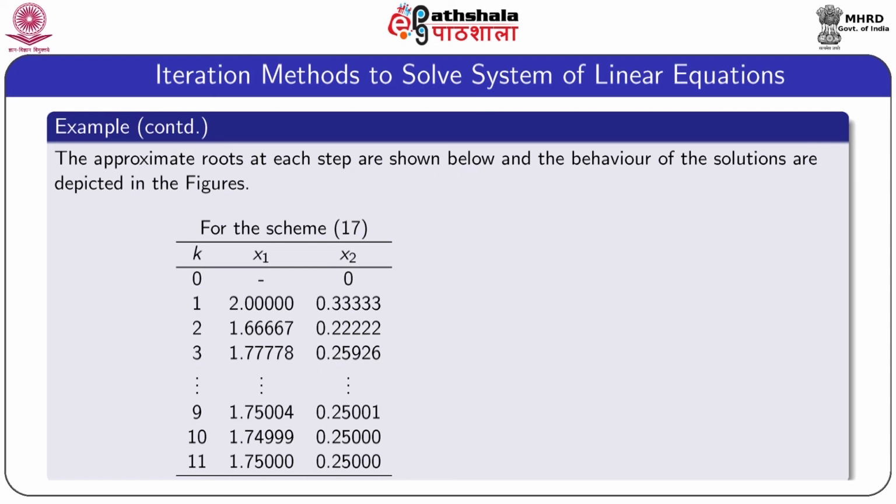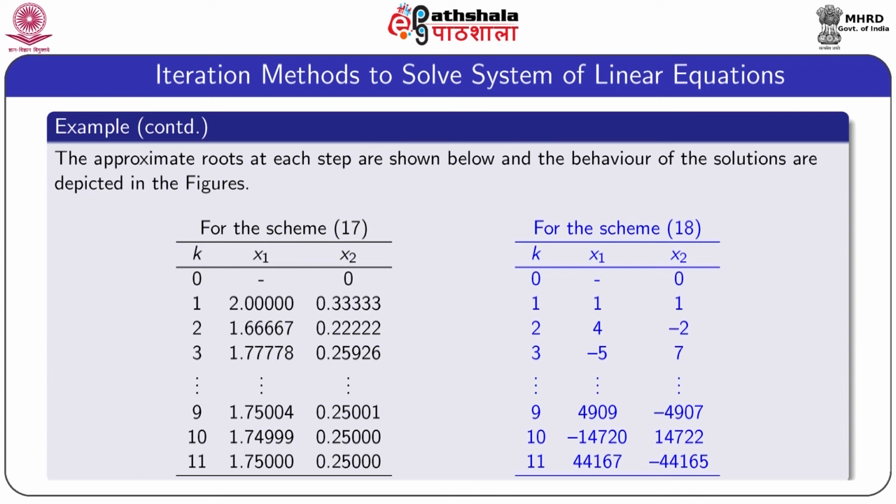That means this iteration scheme converges to a solution, but the second iteration scheme, that means the iteration scheme of equation 18, diverges.